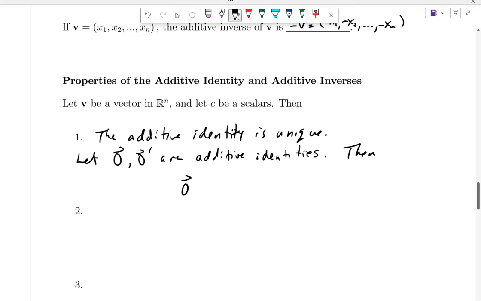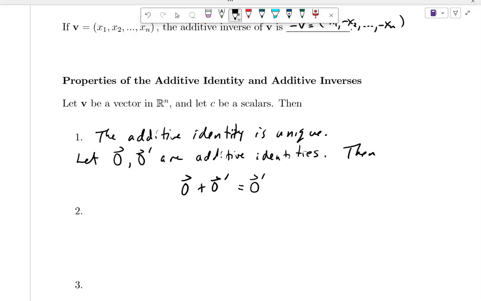Okay. I'm going to start with this. If I take the 0 vector and add it to any other vector, say a u, what do I end up with? The u, right? So on the one hand, this would equal 0 prime, right? Because adding by 0 doesn't change anything, correct?